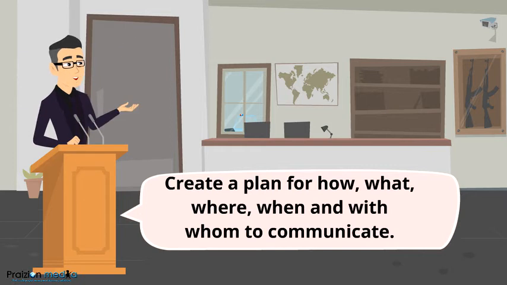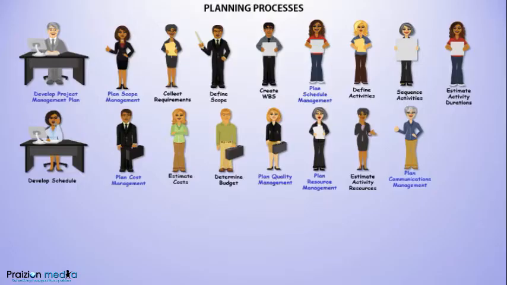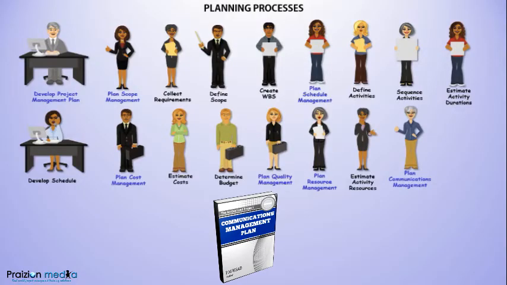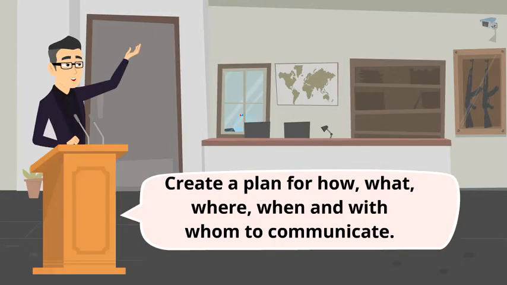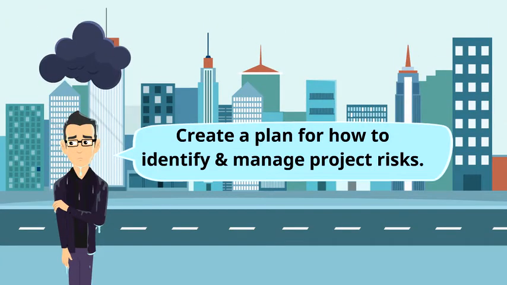This is where a plan is developed for how communications will take place on the project. How will communications flow from one source to the other? This is where the communications management plan is worked on, and inside that we have the what, when, why, and how of communications. The next process takes us to the risk management knowledge area.